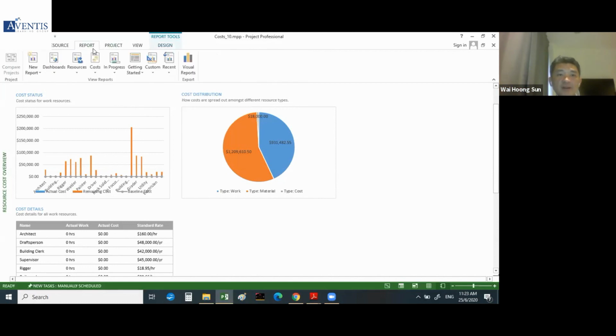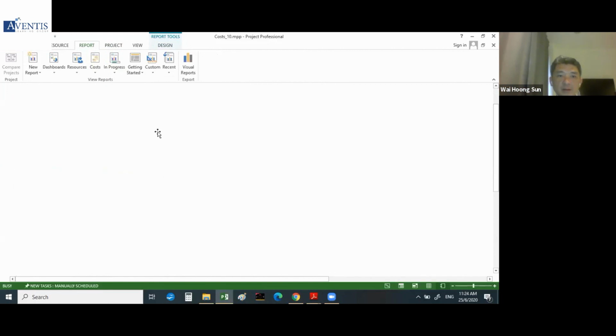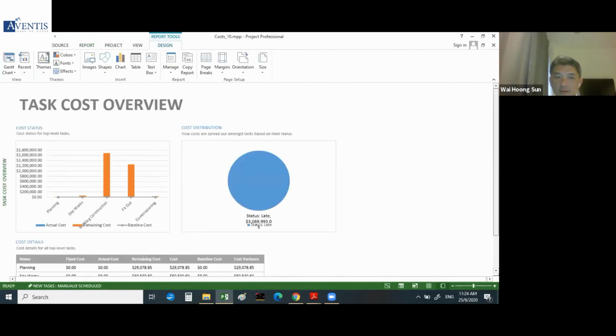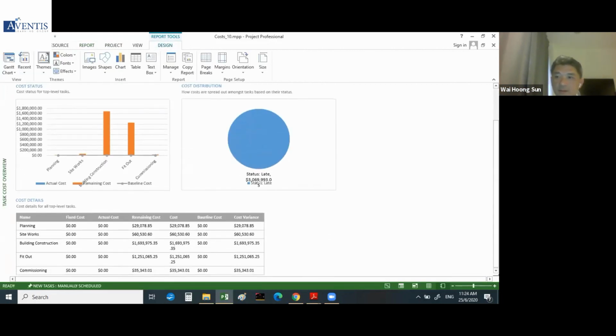You can also see the cost being spent on different phases of the project. On planning, 29,000 is being spent, site works 60,000, building construction 1.693 million, fit out 1.2 million, commissioning 35,000.